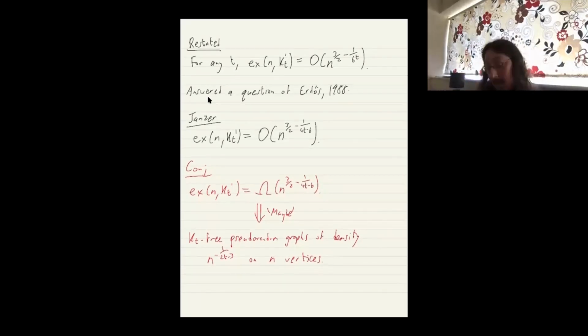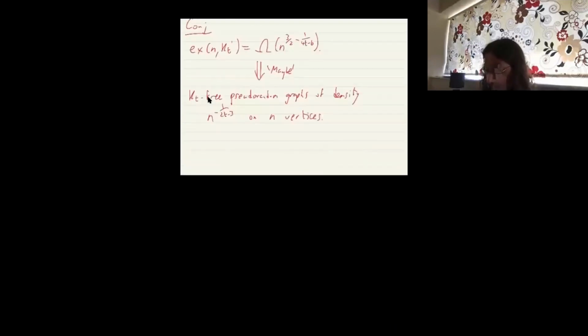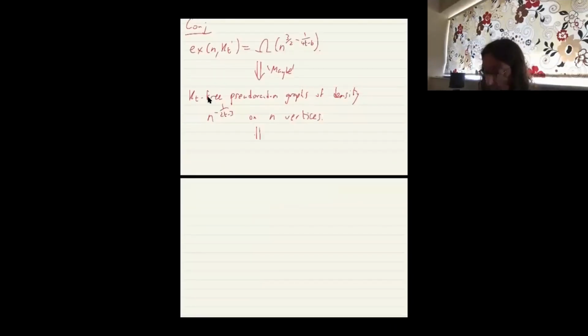And if you know that, then there's a very nice recent result of Mubayi and Verstraete, showing that the off-diagonal Ramsey number of K_t versus K_n is equal to n^(t-1-o(1)).